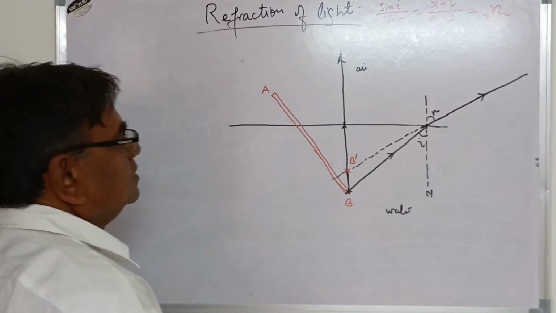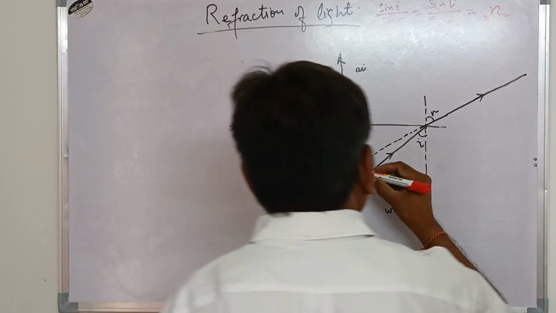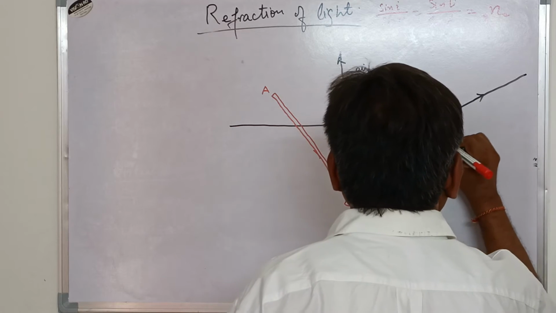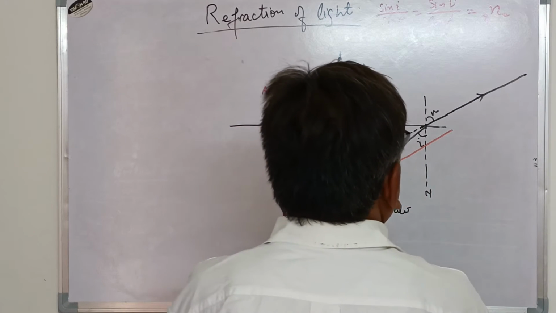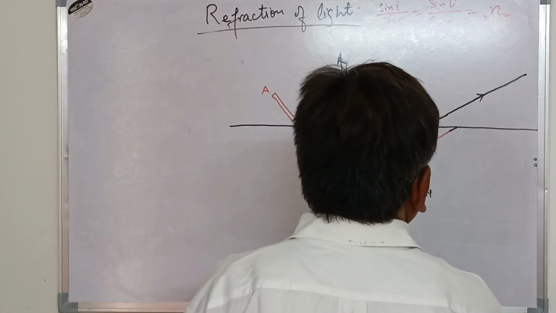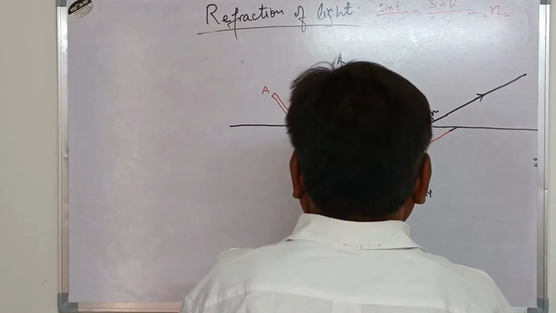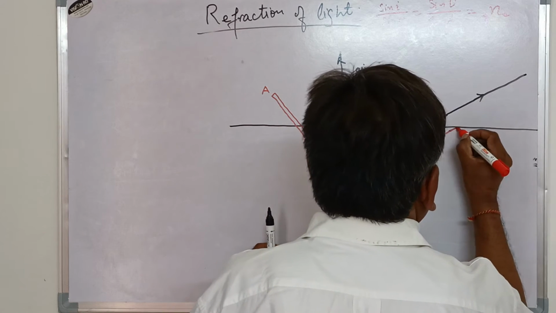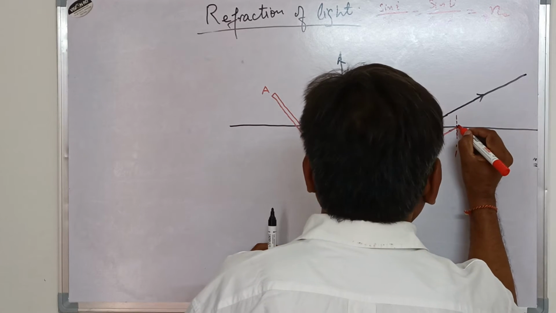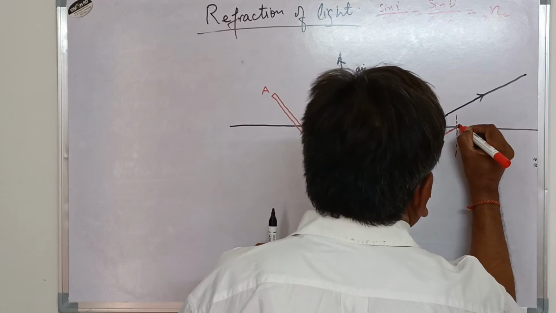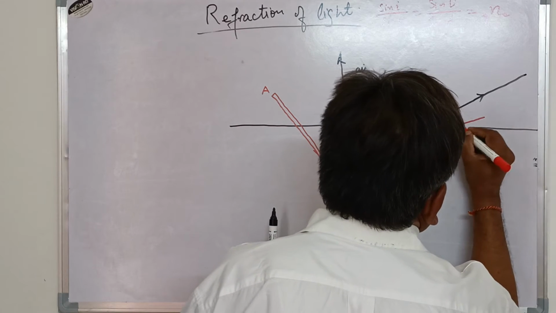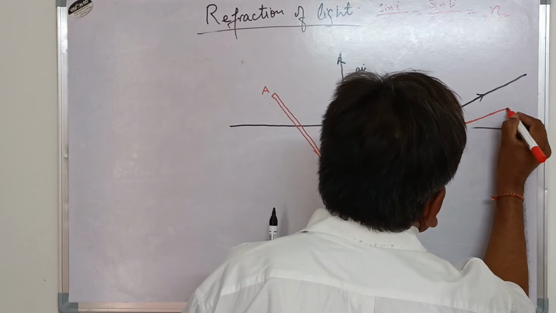This point will appear here. You can take another ray for making the image. This is the boundary, this will be the normal, and it will be bent away from the normal after emerging. So this will go here.